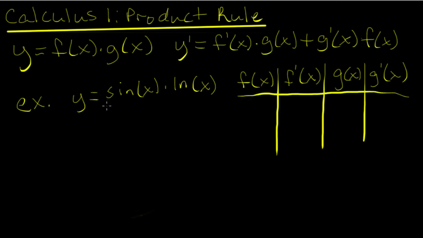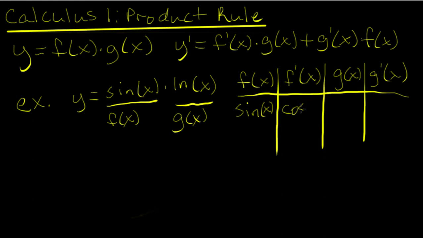So as you see, sine of x is f of x, and the natural log of x is g of x. So on our chart here, we will have sine of x for f of x. The derivative of sine of x is cosine of x. G of x is the natural log of x, and the derivative of the natural log of x is 1 over x.